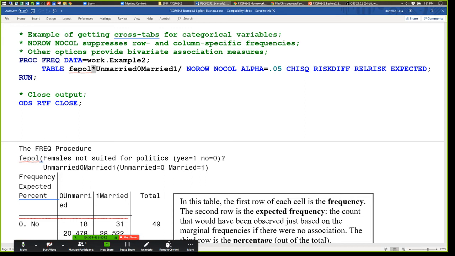You have done this so far without the asterisk, and you would get one table for the first variable and another table for the second, but not in relation to each other. If you want them in relation to each other, such as age group by classroom, then you need the asterisk.